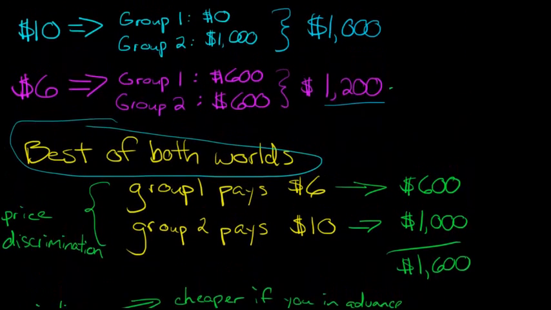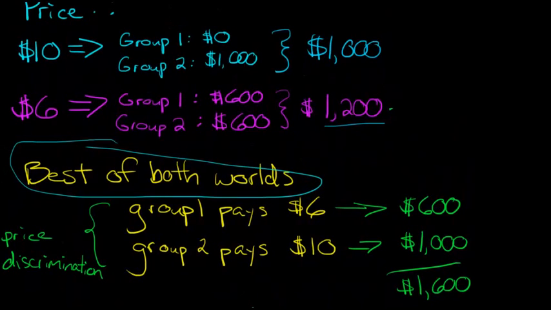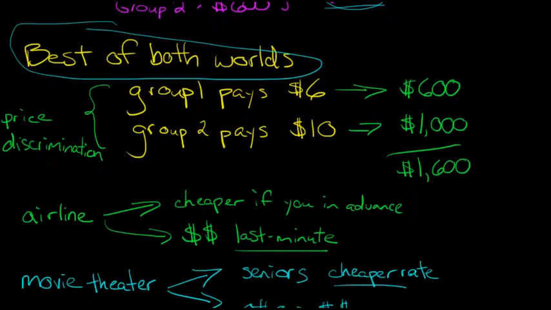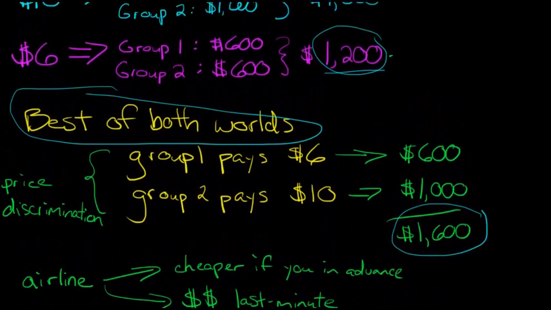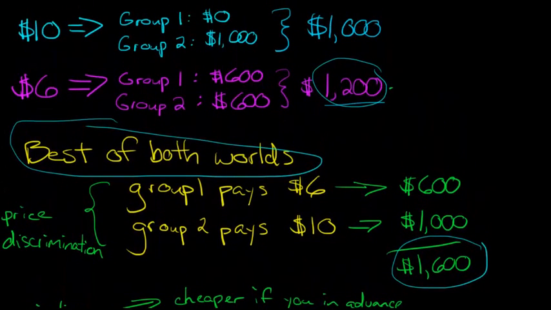Just like here, if you pick one uniform price, the best you do is $1,200. But when you price discriminate, you can get that $1,600, the best case scenario. So if at all possible, if you're able to price discriminate with your business, it's wise to do so.